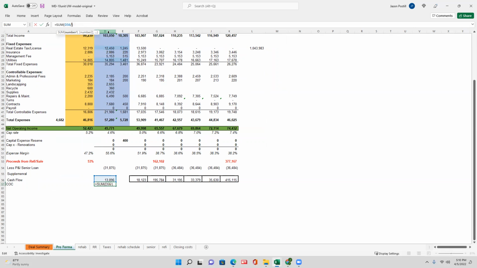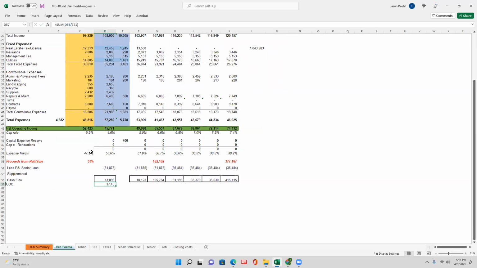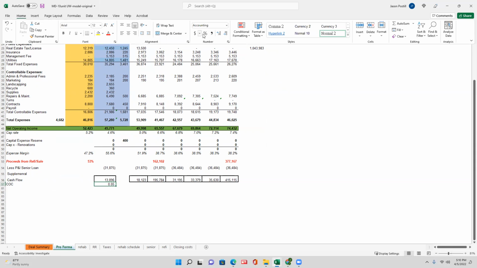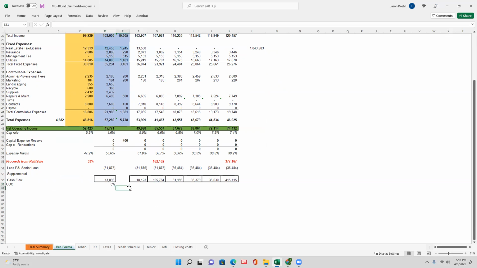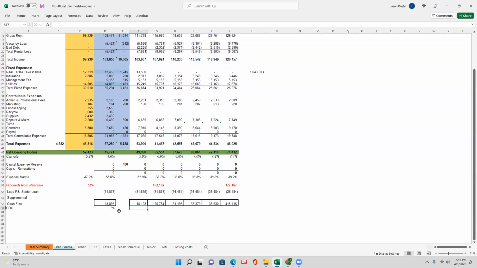Because that's not right. 371, what was it? 307,951. Okay, so it's a 5% cash on cash. Okay, so that's not wonderful. So that's not great.